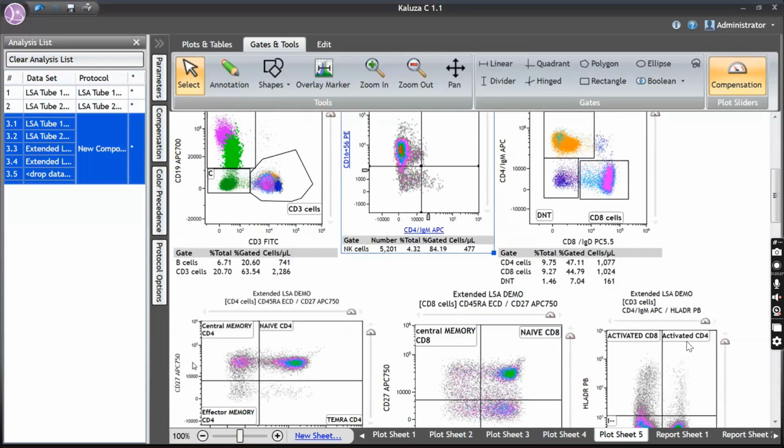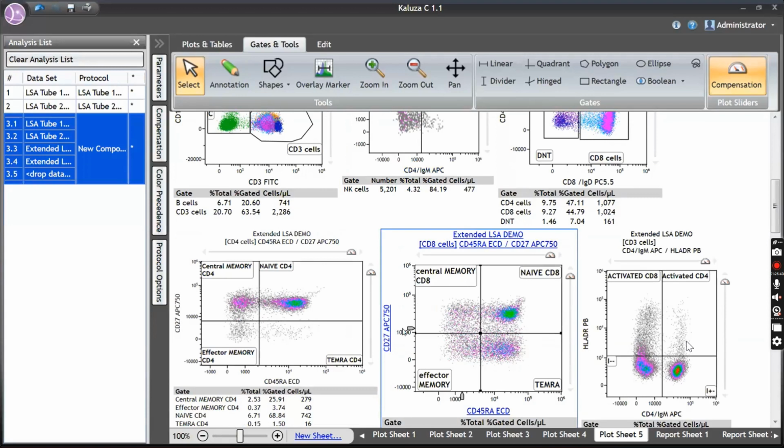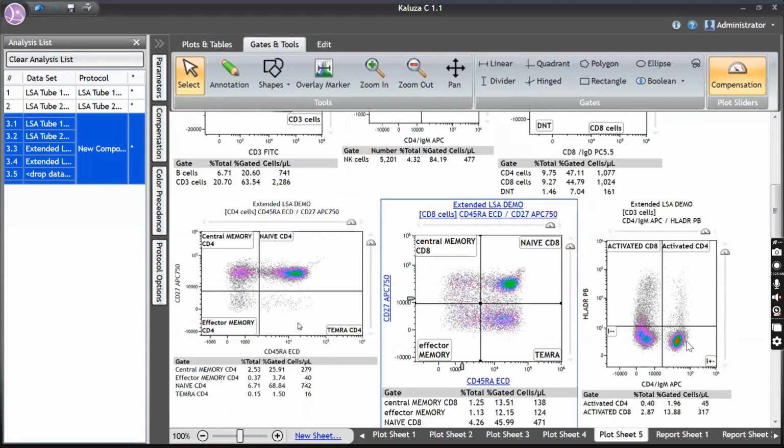CD4, I gate it across CD27 and CD45RA and check for naive, central memory, effector memory and TEMRA. Similarly, CD8, I gate across CD27 and CD45RA and I'm checking for naive, central memory and effector memory and TEMRA. For example, here you find the naive CD4 percentage is higher compared to other populations.